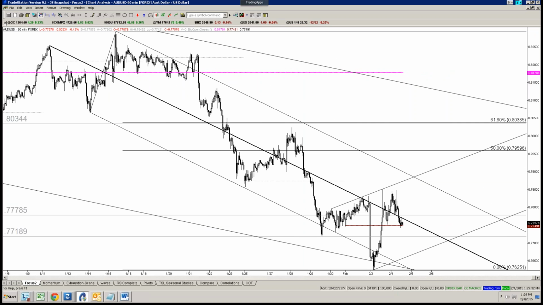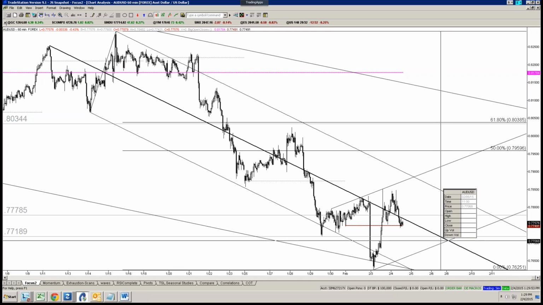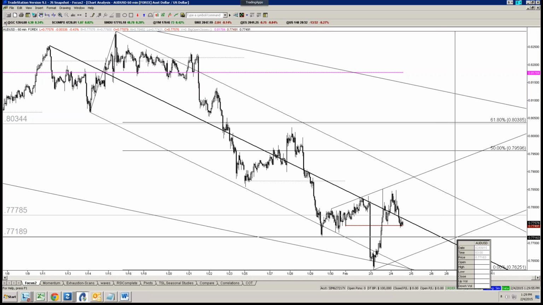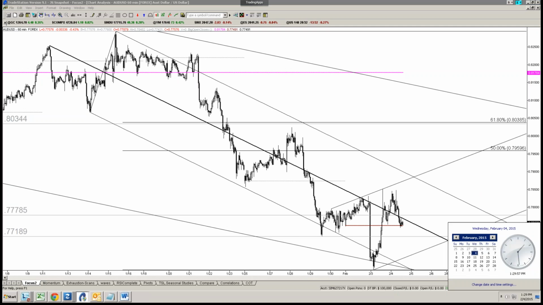So the parallel to that, again, is right here, and there's an intersection between the median line and that parallel and the low back here, former low at 77.20 or so. And the 68 of this whole rally is like 77.10. So there's an intersection starting basically Friday, and it goes through into Monday.